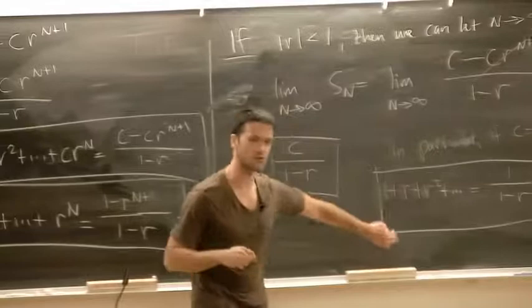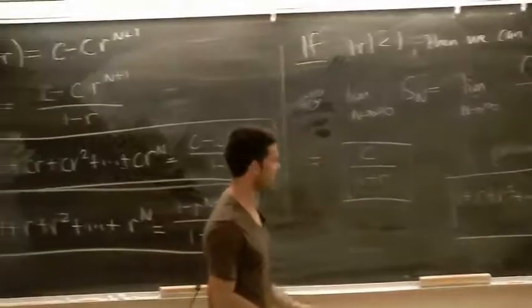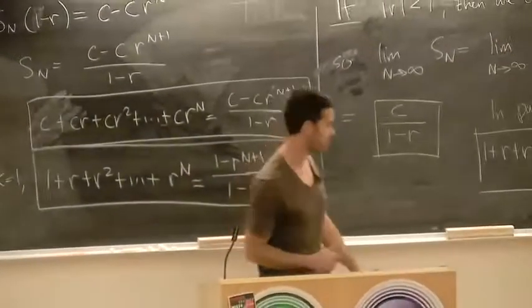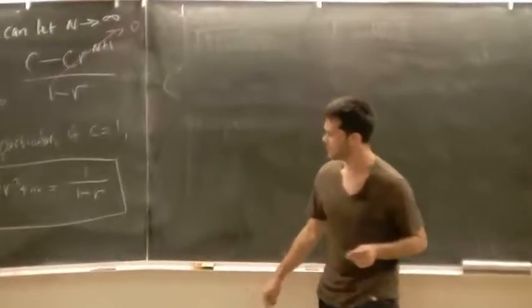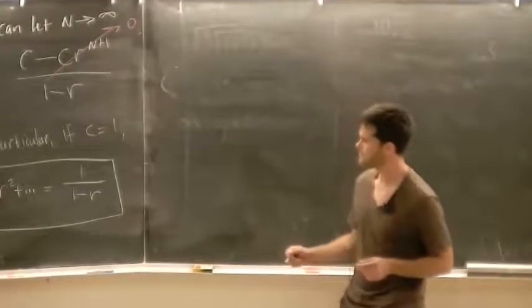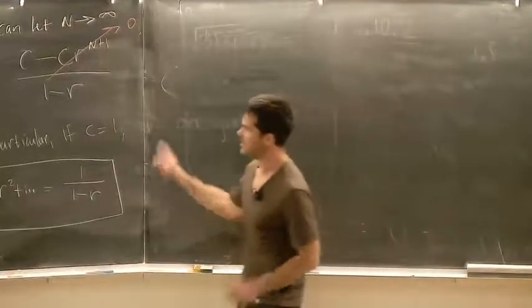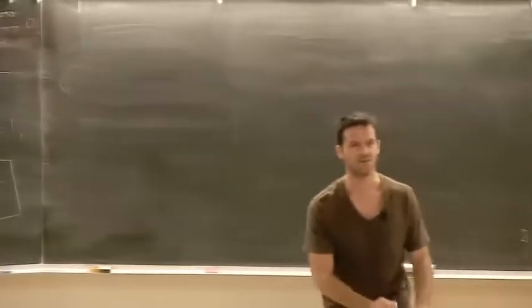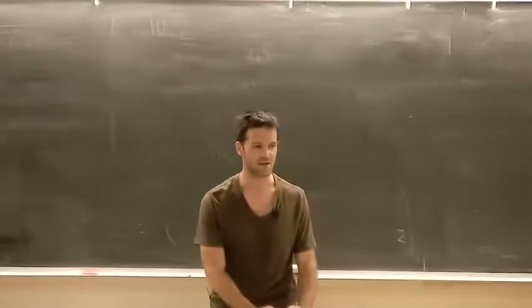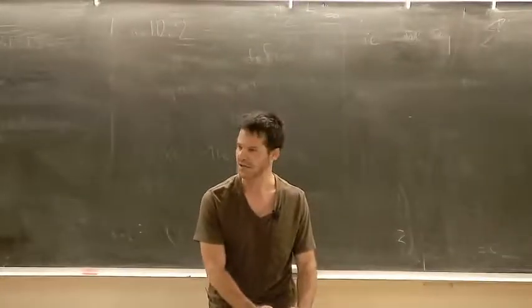There, that's a super useful formula, which I still use all the time in the math that I do, and you guys will probably use a bunch of times in your mathematical career. And again, this is all only if the absolute value of r is less than 1. If r is not less than 1 in absolute value, you can get some really zany results.